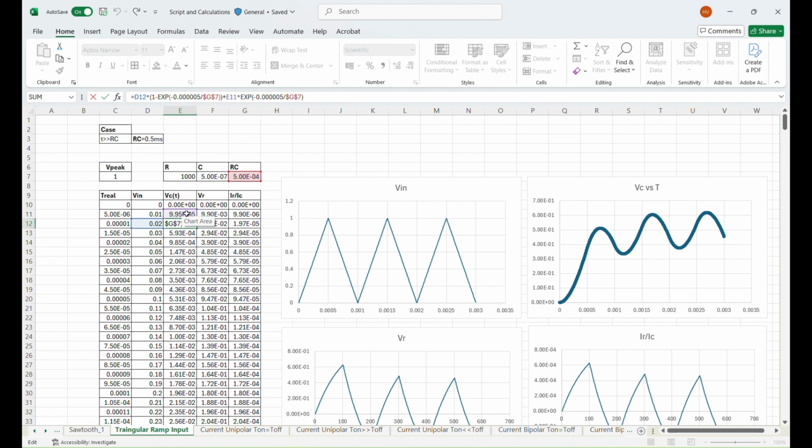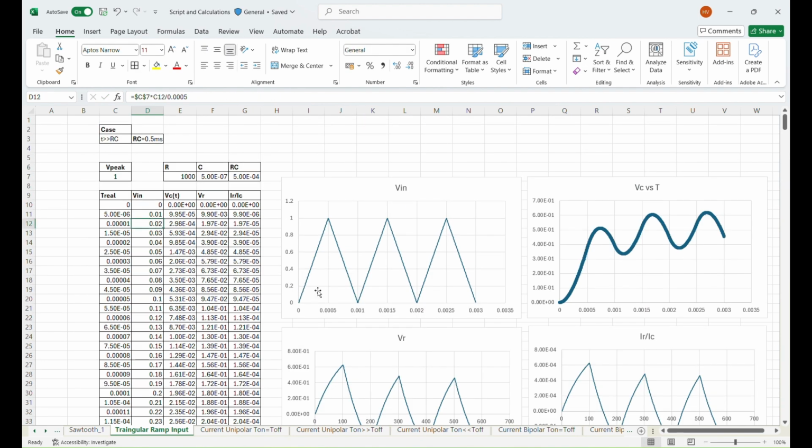E11 here is the voltage that the capacitor has charged to at 5 microseconds into e to the power minus T real minus T start, which will be 10 micro minus 5 micro, equal to 5 micro, divided by RC. And this is V in into 1 minus e to the power minus 5 microseconds divided by RC.